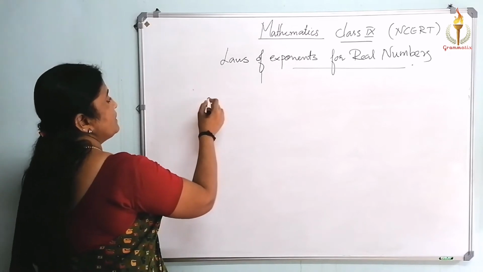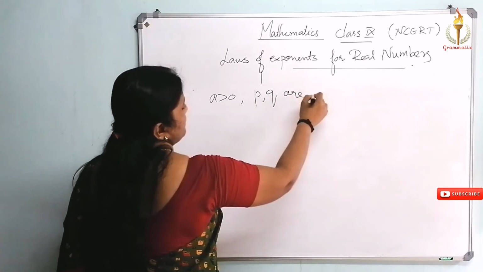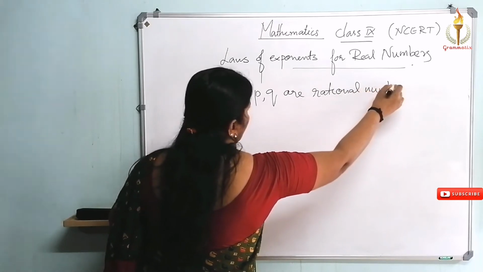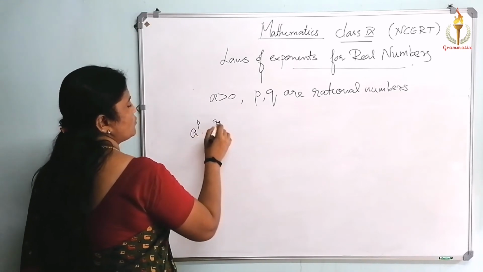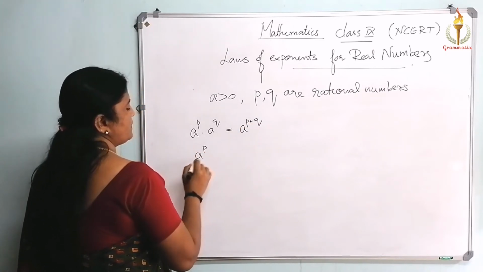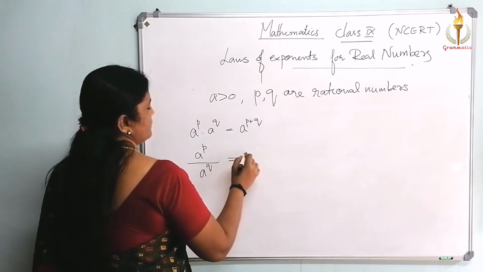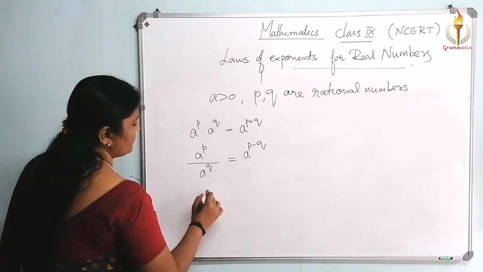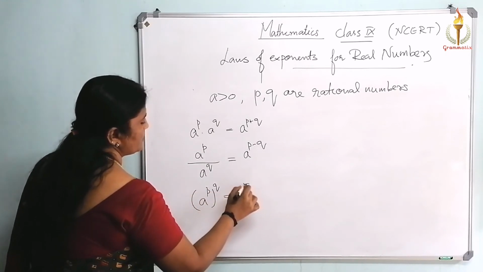For example, a is greater than 0 and p, q are rational numbers. a raised to p into a raised to q is equal to a raised to p plus q. a raised to p by a raised to q is equal to a raised to p minus q. a raised to p the whole raised to q is equal to a raised to pq.